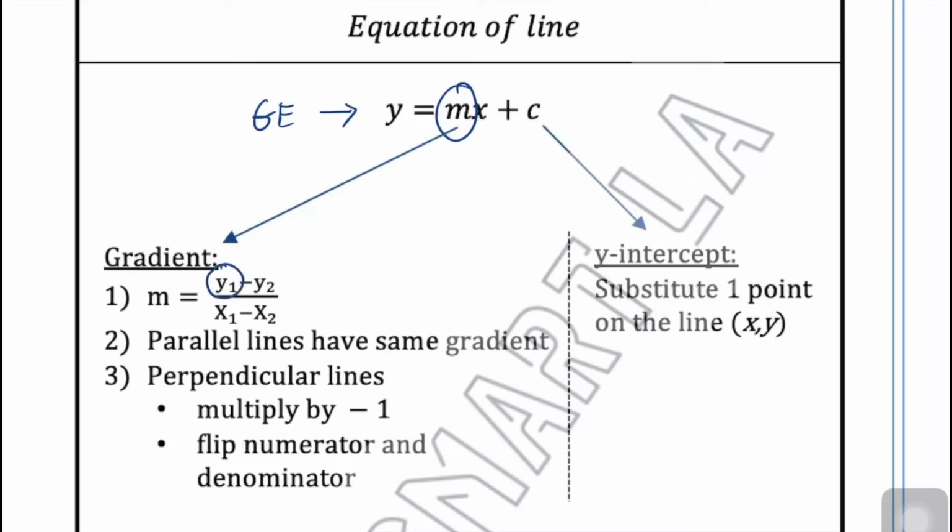Okay, so what is this y1, y2, x1, x2 thing? So this x and y actually is one coordinate, meaning one point that you have. So imagine if you are given this coordinate 3 comma 5, for example.